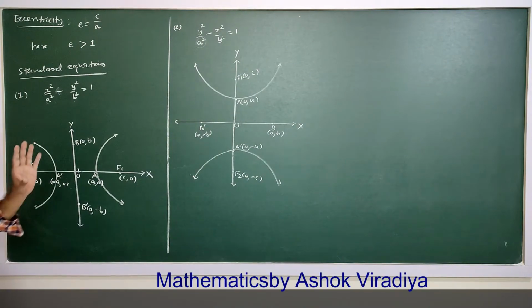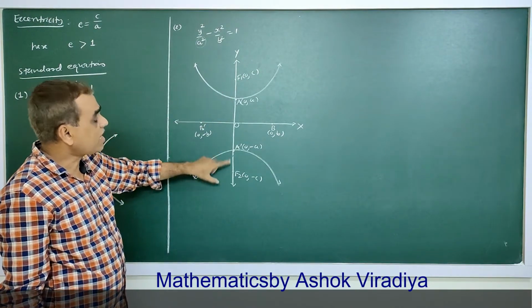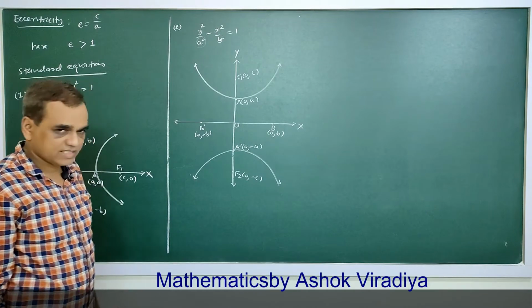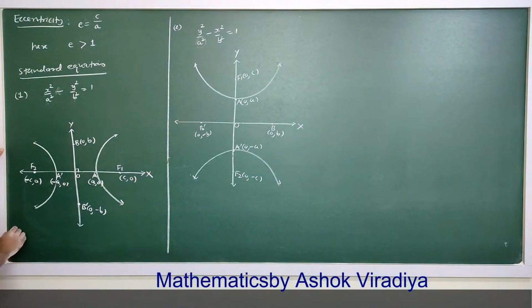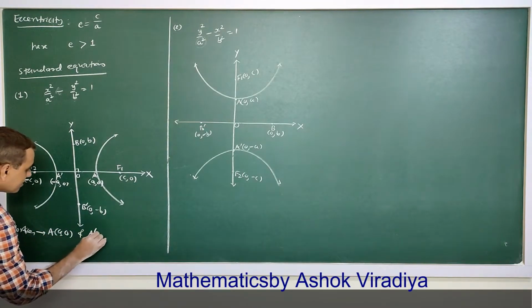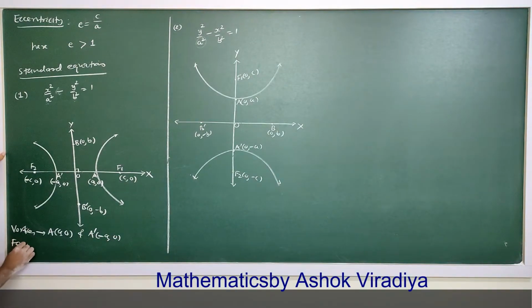So these are foci. Foci lie on y-axis, vertices lie on y-axis. So in the earlier case, vertices are (A,0) and (minus A,0), and foci are (plus minus C,0).